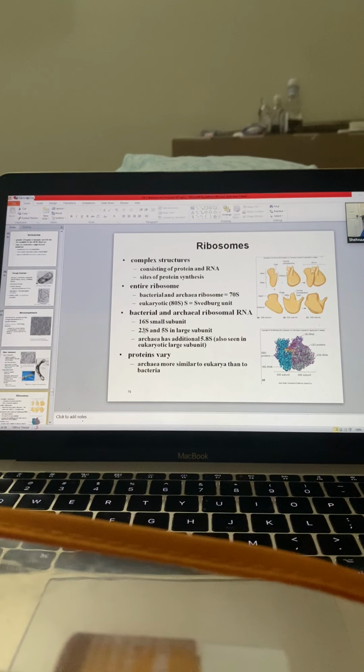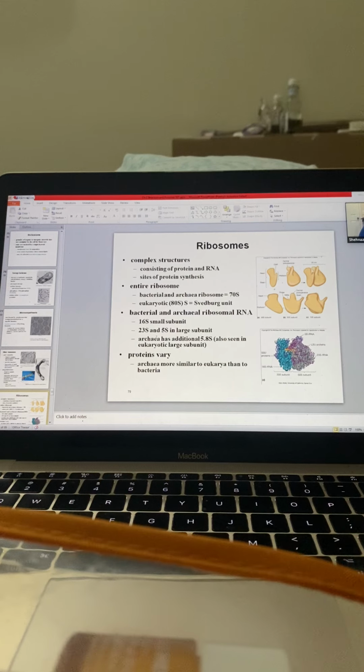Anyway, the other two ribosomal RNAs, the 23S and the 5S, that are found in your bacterial and archaeal ribosomes, are found in the large subunit. Archaea have an additional ribosomal RNA, which is called 5.8S, and this is also found in eukaryotes.